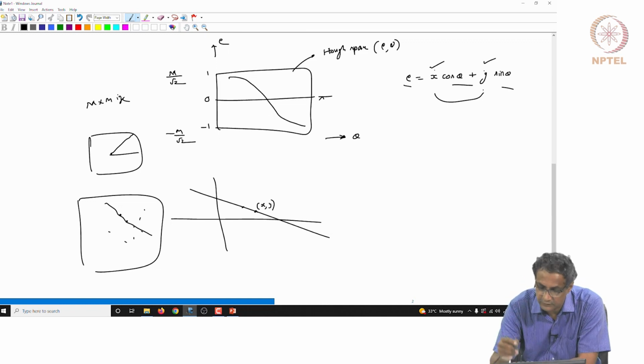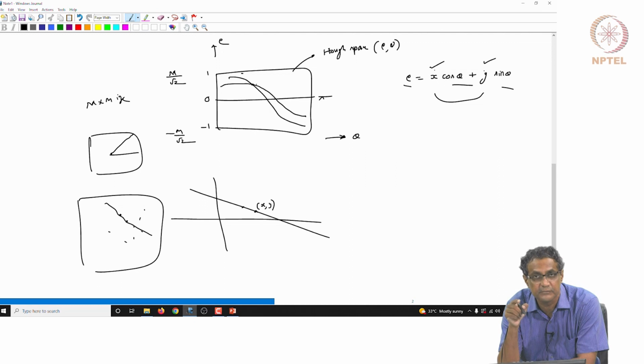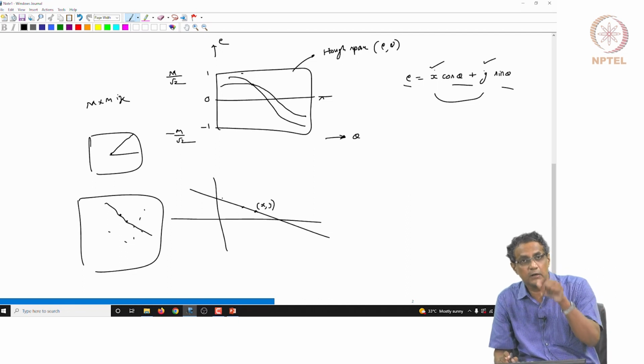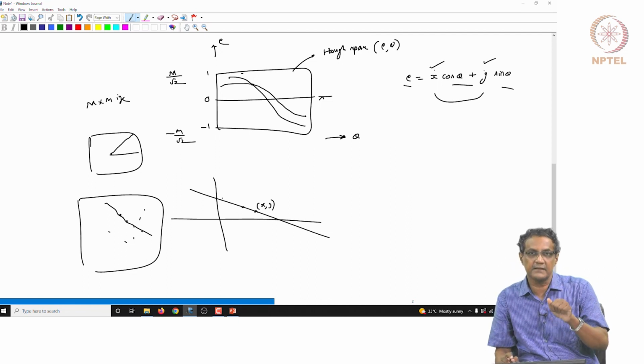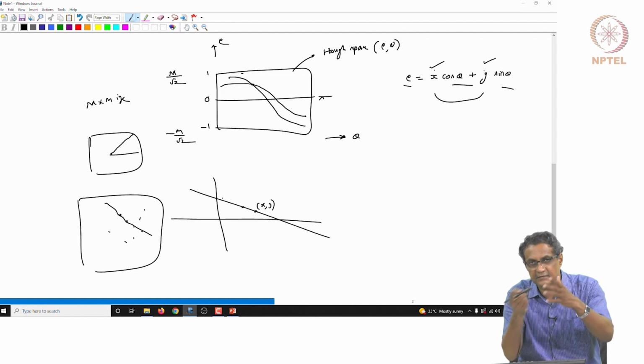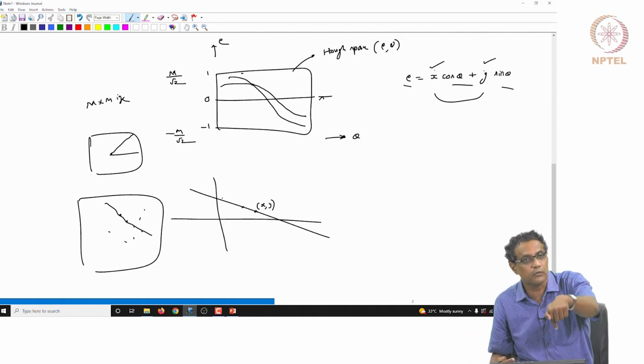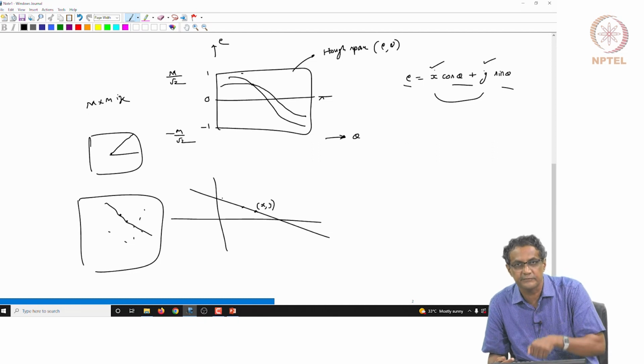The other curve might come like this and then go off like that, but they will intersect here, because they both lie on one line with a rho and a theta. Among all the rhos and thetas that they can span, there will be one rho and theta which they both will vote for. That's why this voting comes.